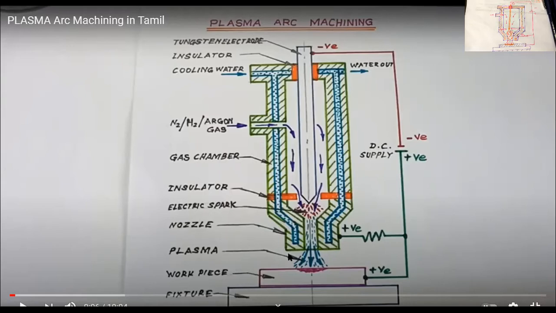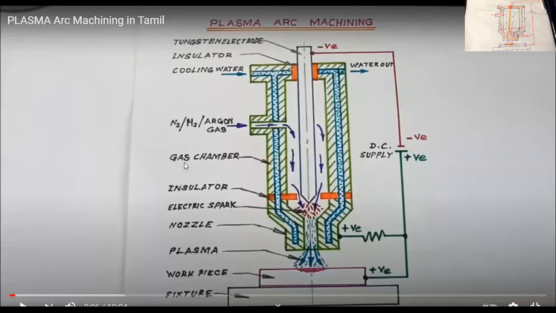Okay, first let me explain from this diagram, then I'll be explaining what is the function of this gas. And which gas is this? This is shielding gas. You know shielding gases are helium, krypton, argon, xenon, radon, neon, these gases, right? Or you can say inert gases.